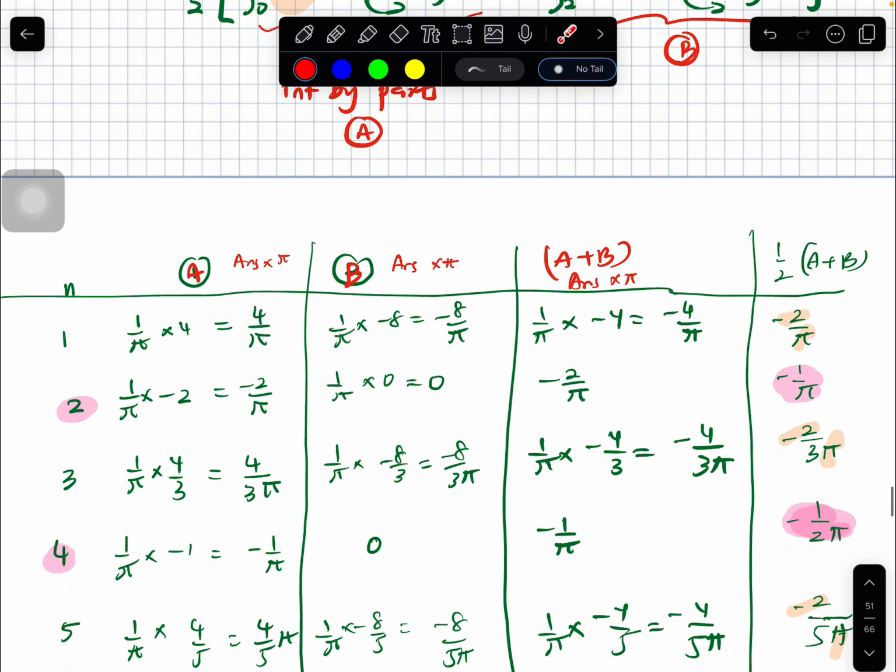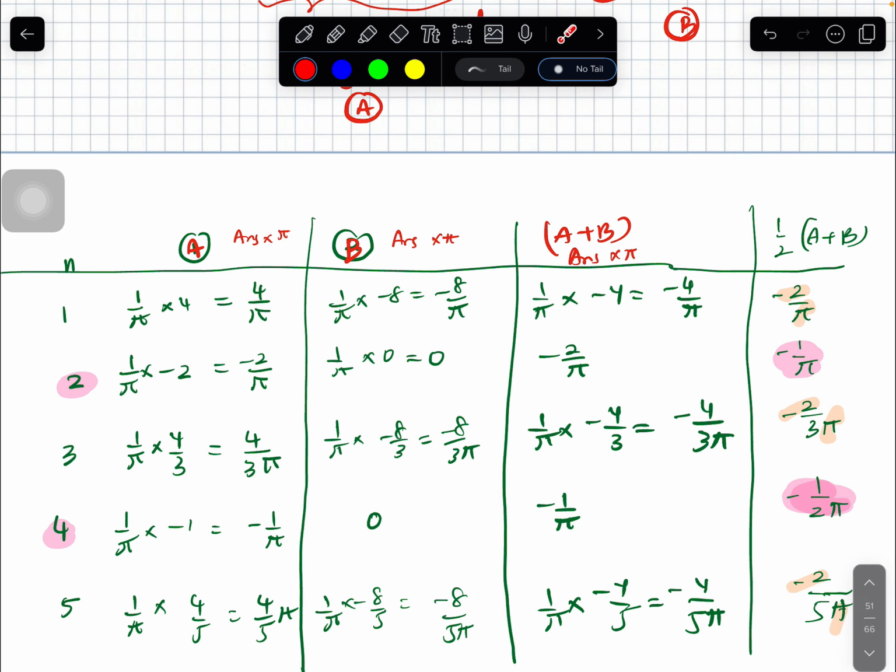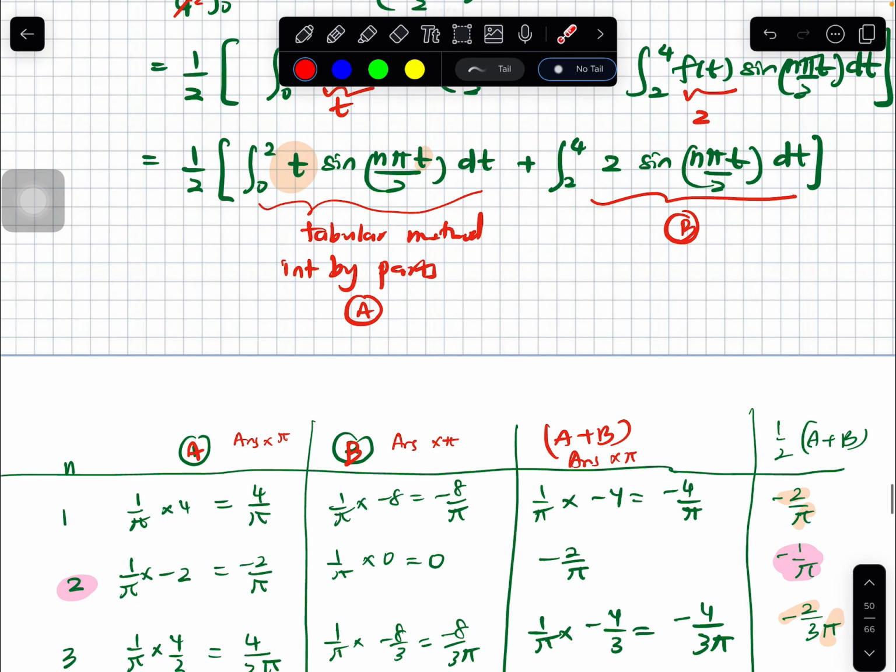In the calculator, you have to prepare a table like this. First put the n column, and then a represents the first integral, b represents the second integral, and we want to add a plus b, and then we want to get 1 over 2 of this, okay? So lastly we want to get this, okay?